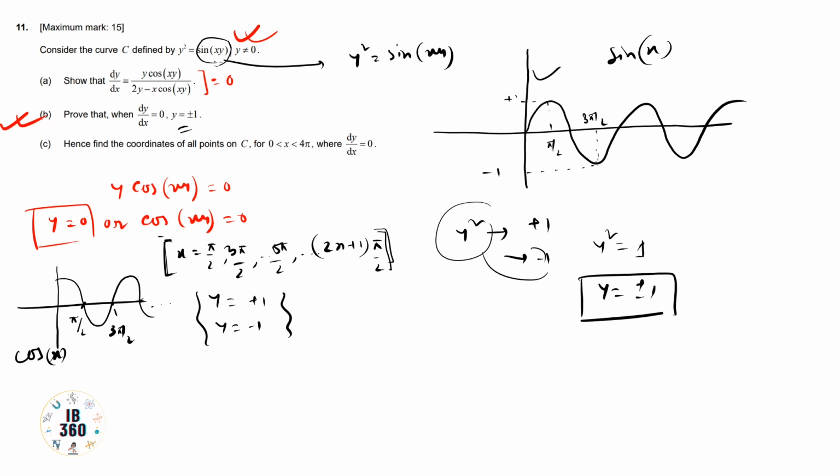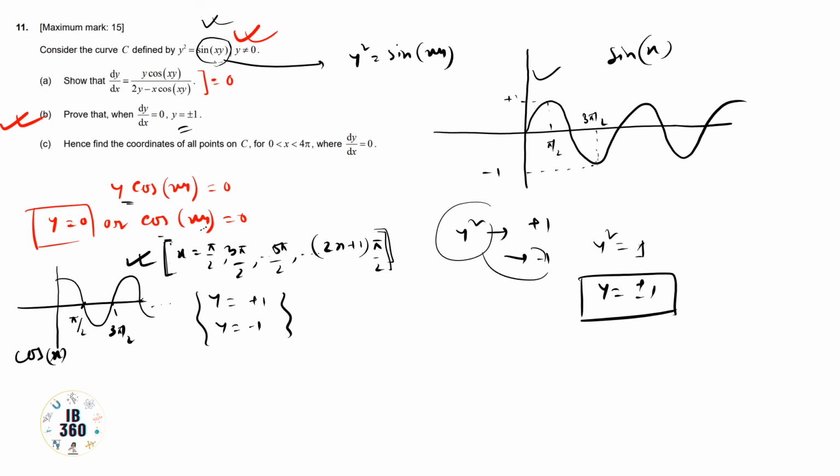So when dy/dx equals 0, we have got the value of x. From the value of x, as there is another variable, we get the value of the variable from the main equation. From the main equation, whenever the value of x is pi by 2, 3 pi by 2, 5 pi by 2, and (2n plus 1) pi by 2, the corresponding y square values are either plus 1 or minus 1.